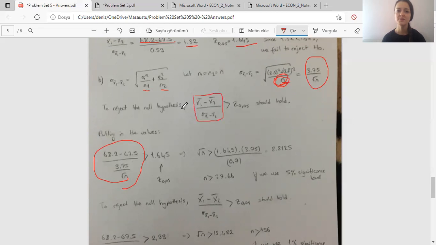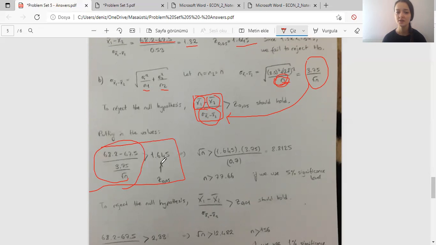If this is greater than Z 0.05, we can reject it. So instead of this, I am writing this, and the sample means don't change. And I am finding this inequality here. The left-hand side includes an N, and if it is greater than 1.645, I'm going to reject it.